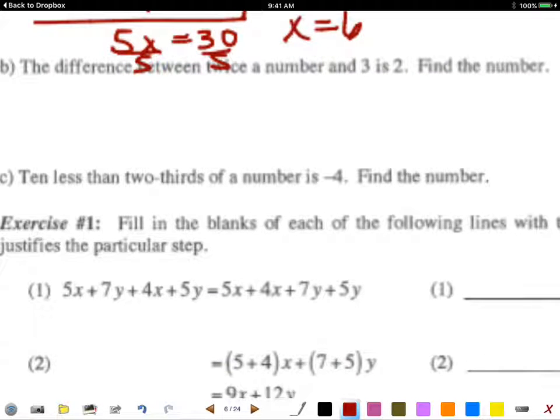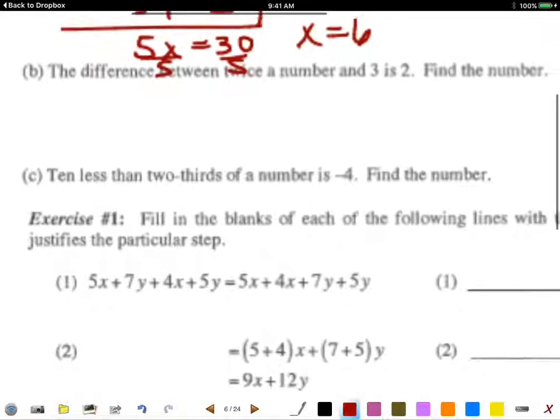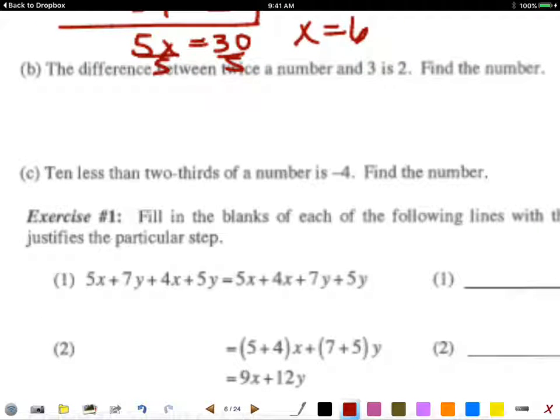The difference between twice a number and 3 is 2. How do you write that? 2x minus 3 equals 2. There you go. All right, solve that one.